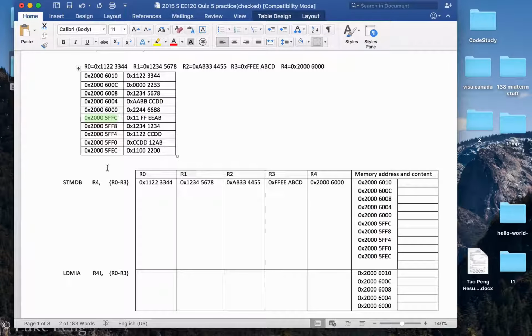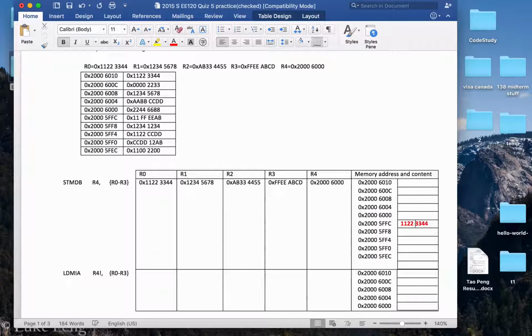So I store my first value from R0, which is this one. You can look at it here. Originally I point here, then I decrease it to here, then I store the value of R0, which is 11223344.